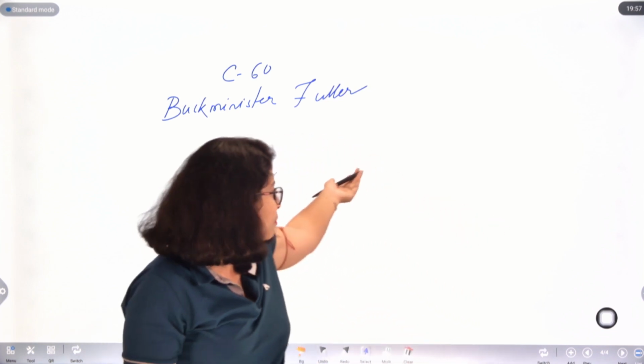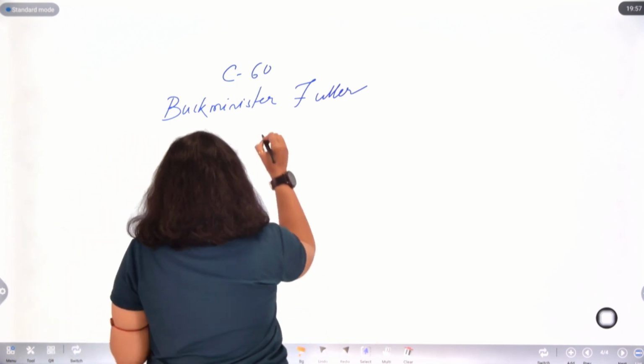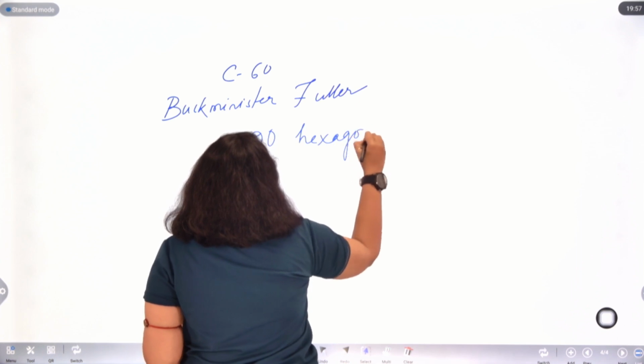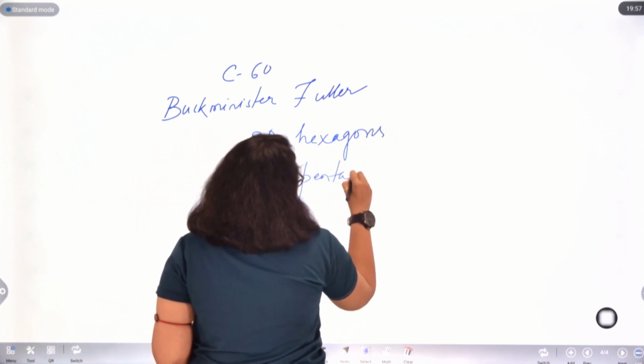The shape of Buckminster fullerene is a football shape, where we have 20 hexagons and 12 pentagons linked to each other.